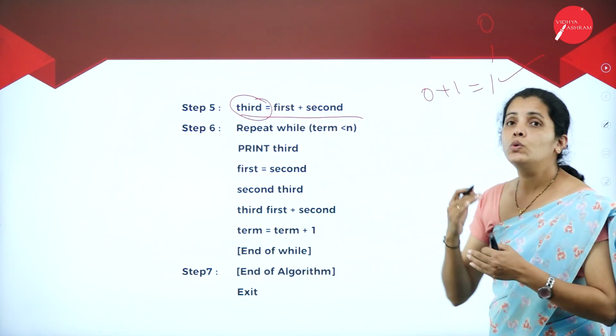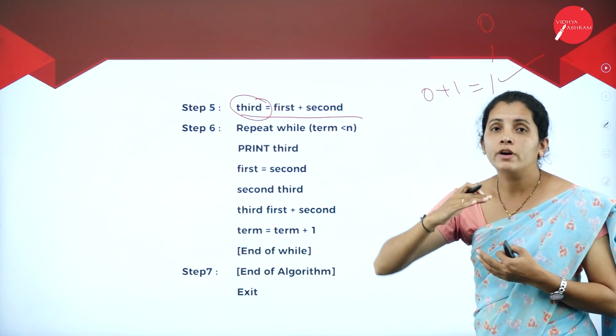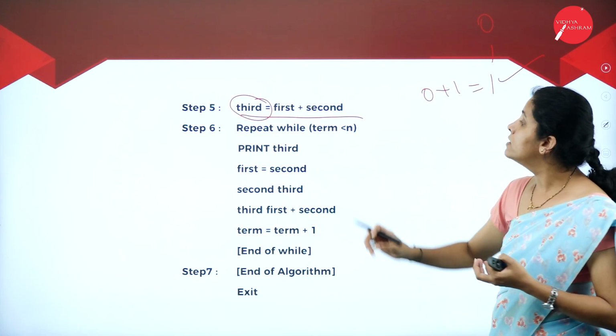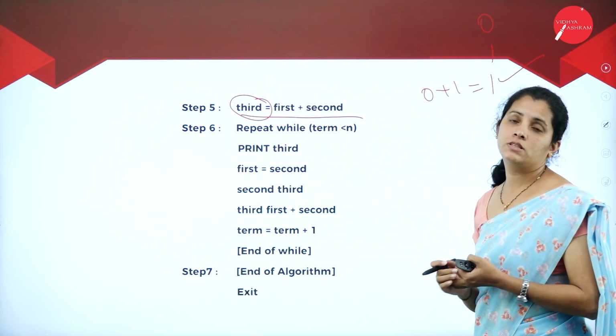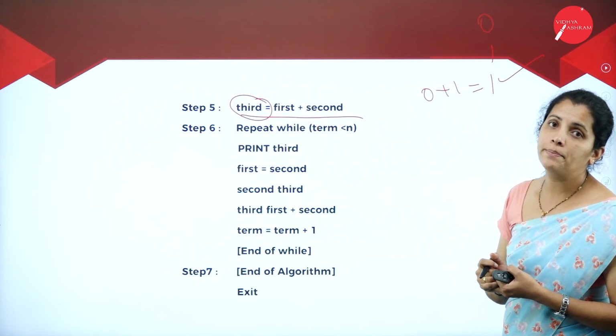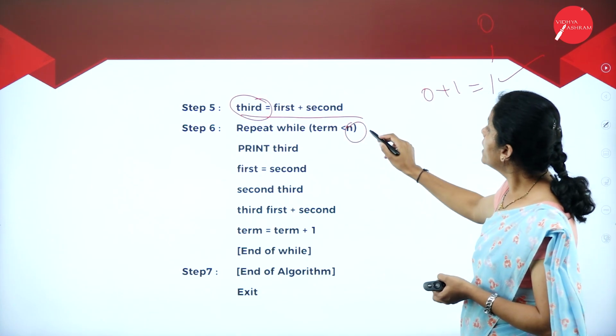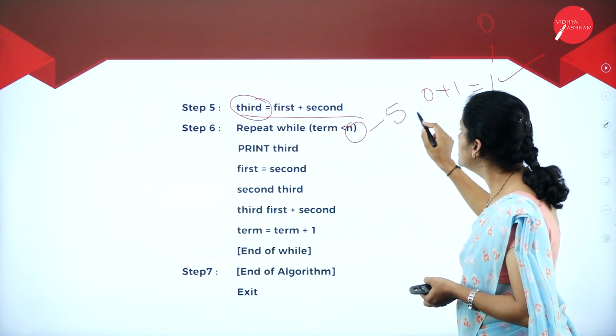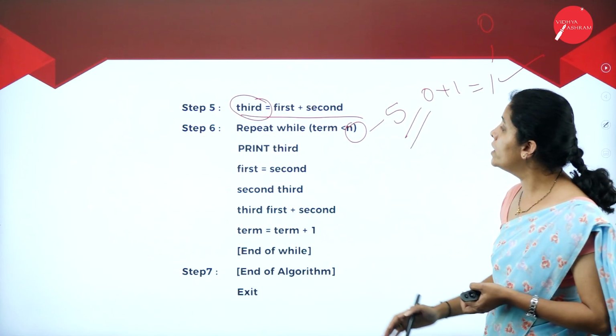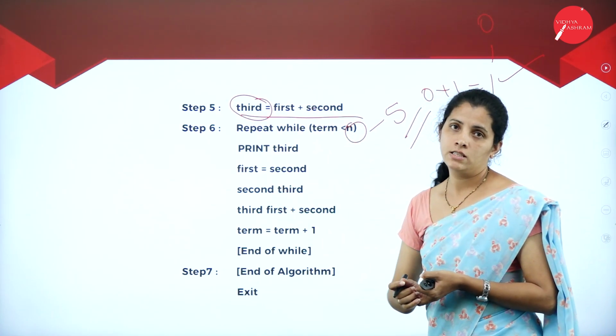Now I want to repeat this process for a long time. That means the repetition of this process completely depends on your n value. Suppose your n value is 5, that many times I'm going to execute these statements.